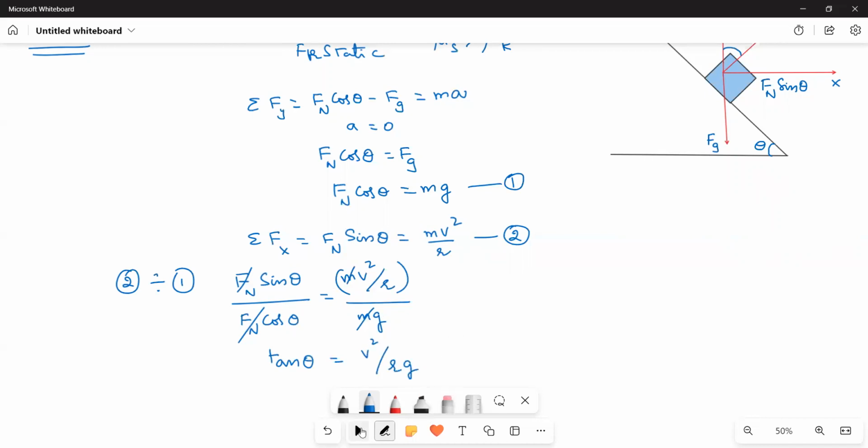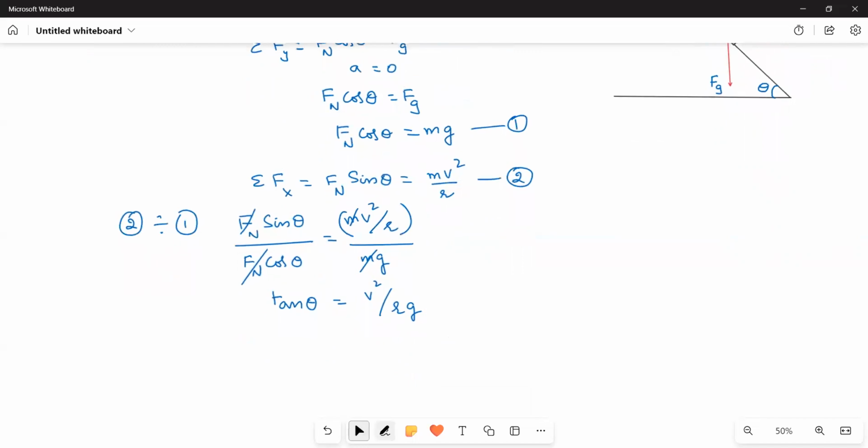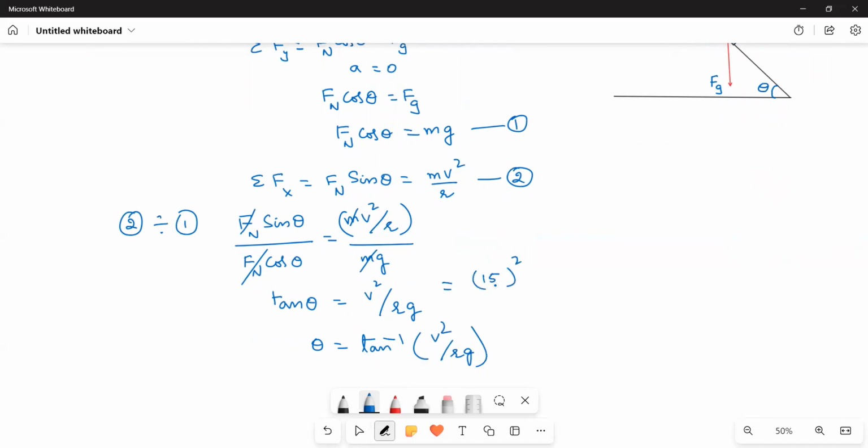Now we have to find theta, that is, how much we have to raise the outer edge. So for that we should know theta. Therefore, theta is equal to tan inverse of v square over rg. Now we will calculate for this case. Here the velocity is 15 meters per second. So 15 square divided by r, which is 50 meters, and g is 9.8.